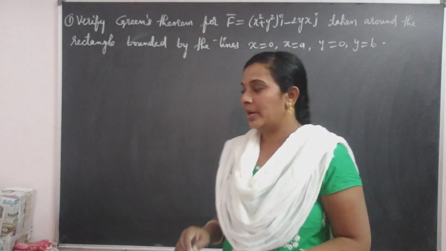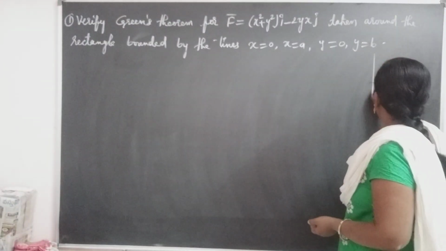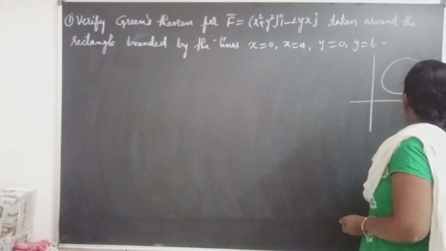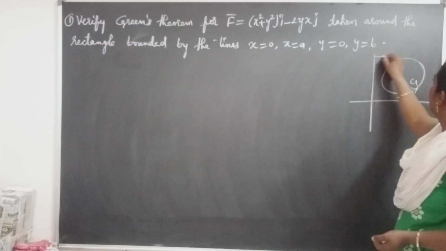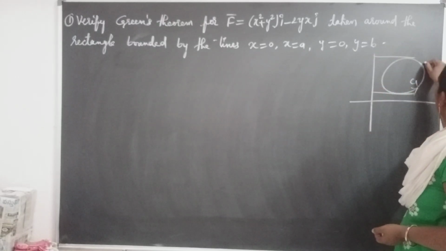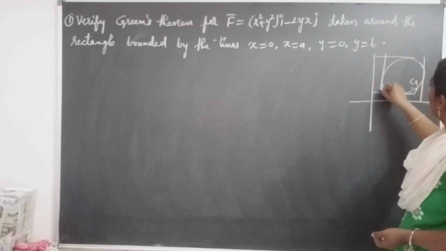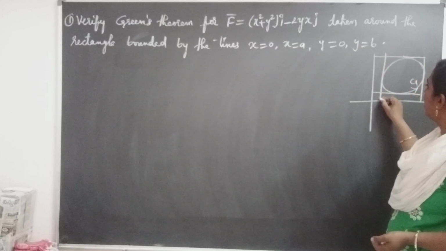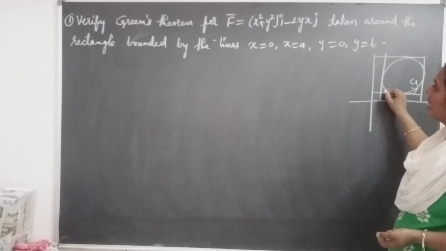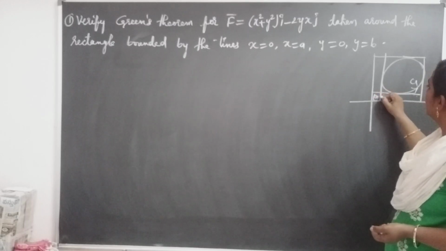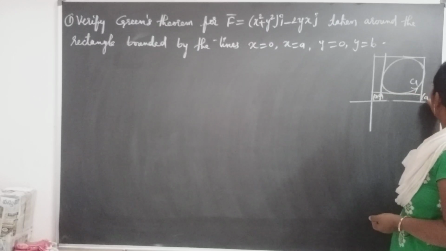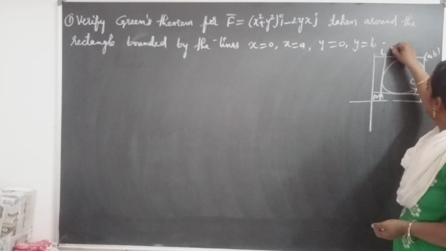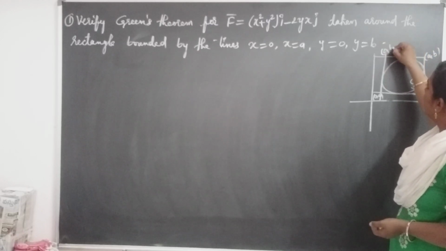In a rough diagram, suppose it is a curve C bounded by a closed region in rectangle form, with corners 0 comma 0, a comma 0, a comma b, and 0 comma b.